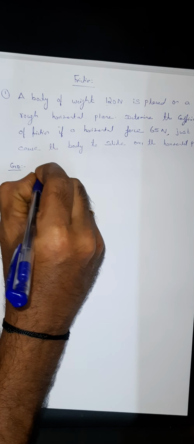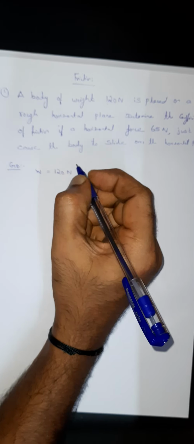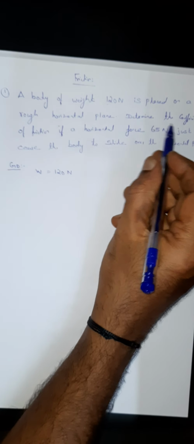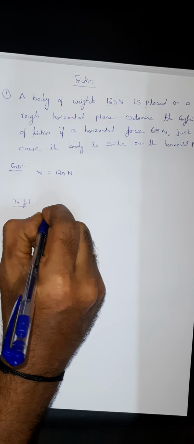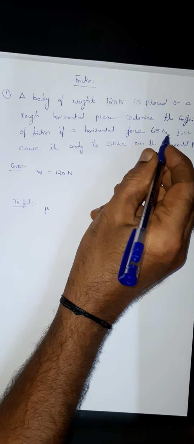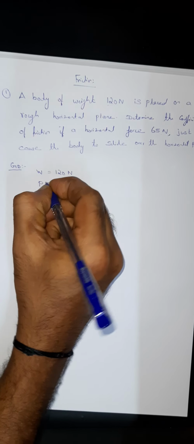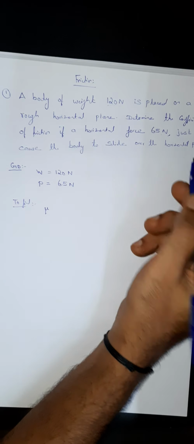So W, the weight of the object, is 120 Newton, placed on a rough horizontal plane. So it's a horizontal plane. Determine the coefficient of friction, which is nothing but mu. And a horizontal force 65 Newton is acting, which is the external force of 65 Newton. Just cause slide over the horizontal plane.